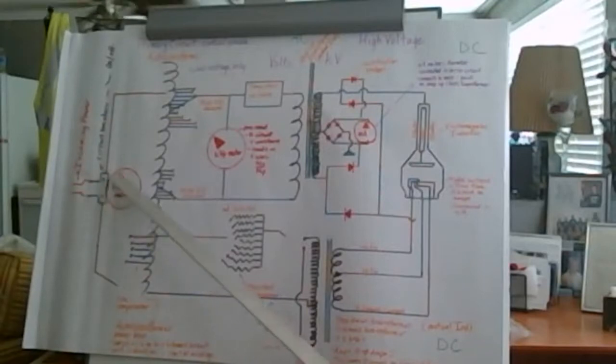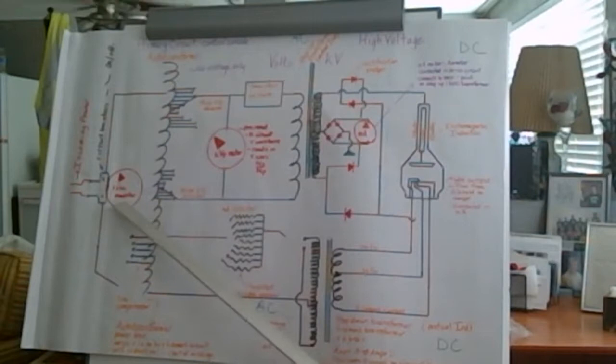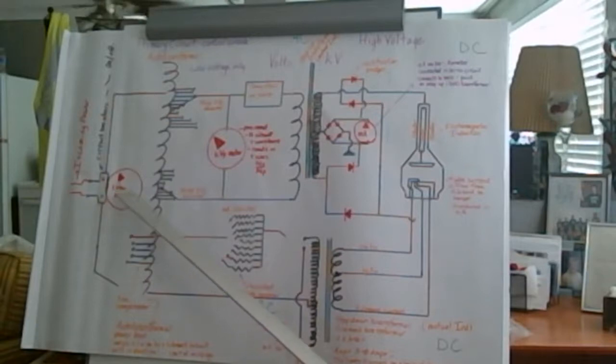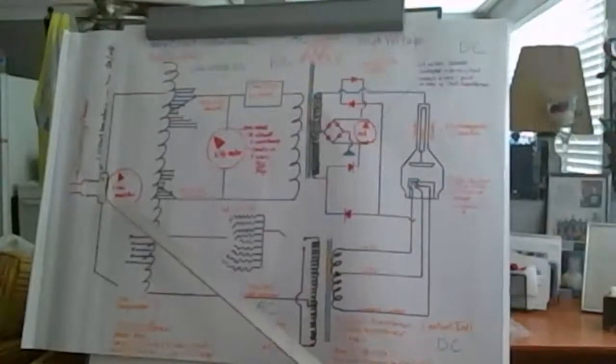Next, in old equipment, you'll see a line monitor. That is basically our visible meter of what the incoming power is at any given time. Again, this is something we had on older equipment.